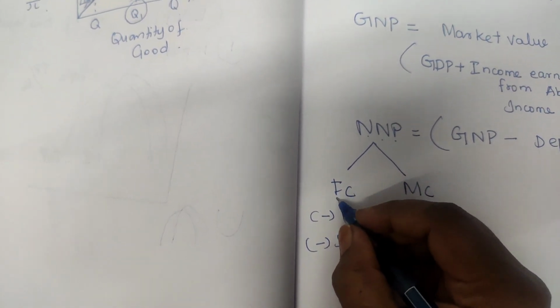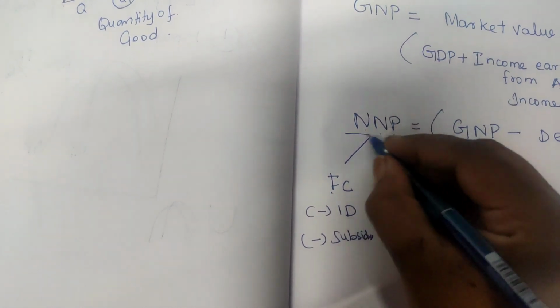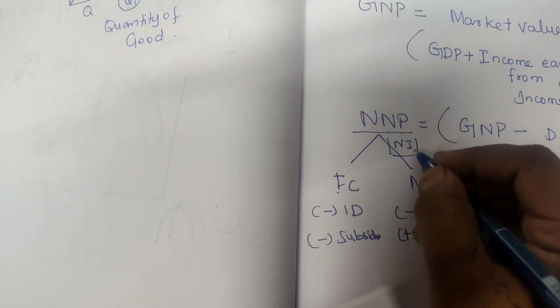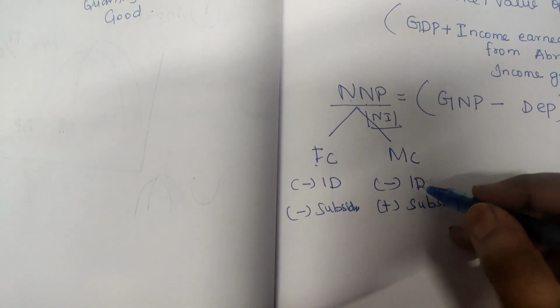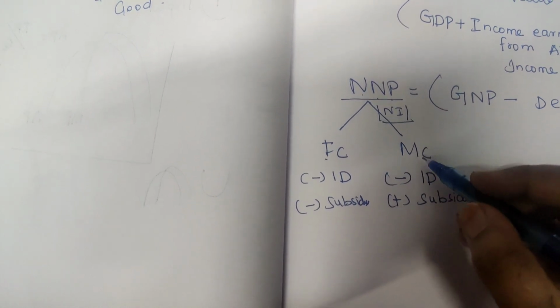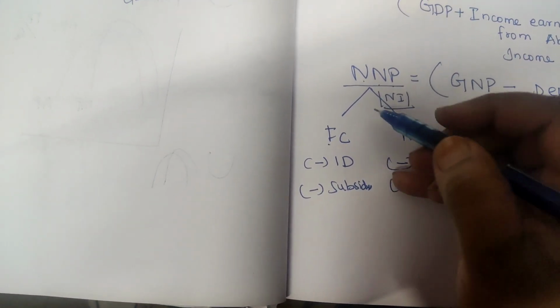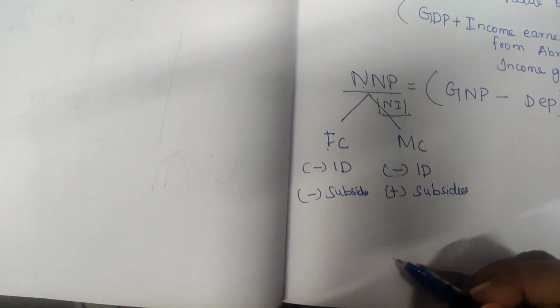At market cost, NNP is equal to national income also. So market cost is NNP plus indirect tax minus subsidy, and factor cost is NNP minus indirect tax plus subsidy.